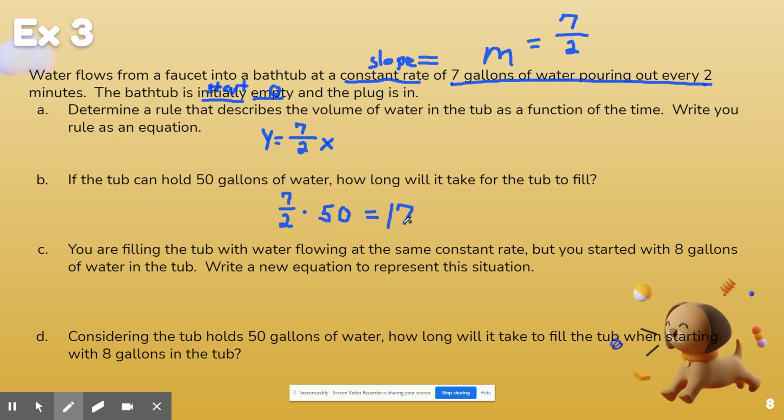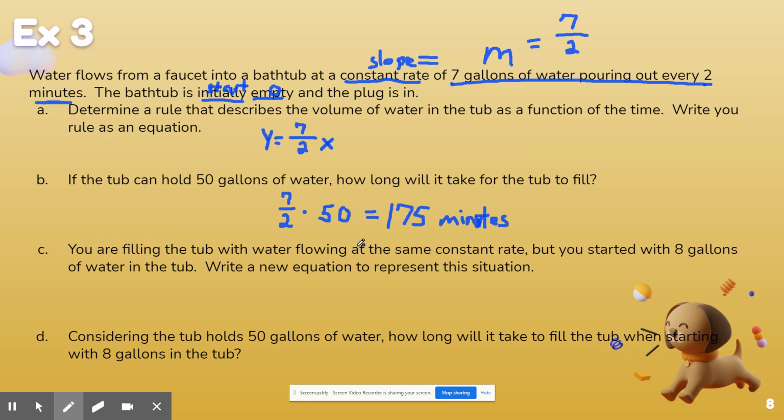So 175 minutes. I only know that it's minutes because right here it says minutes.